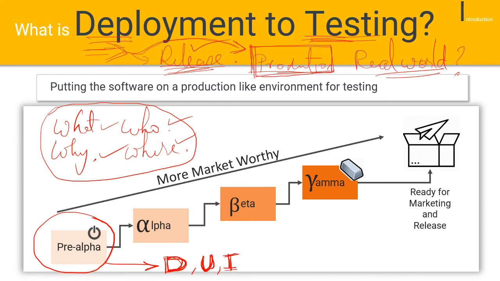Are they doing the integration properly? And then finally we will perform system testing when the system is ready. We'll do a few smoke tests. We'll perform extensive system testing to see how the system is performing as a whole. So these are the activities that happen in the pre-alpha stage.